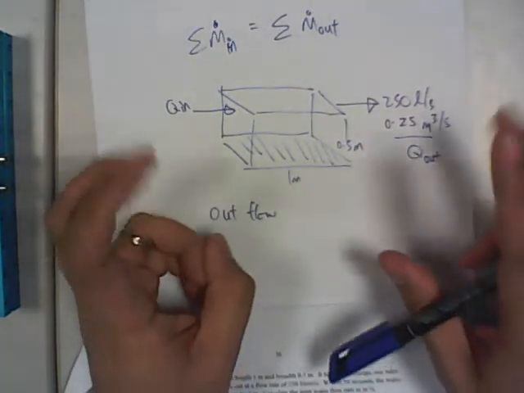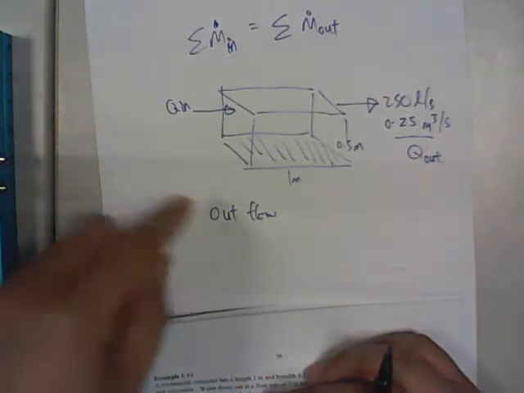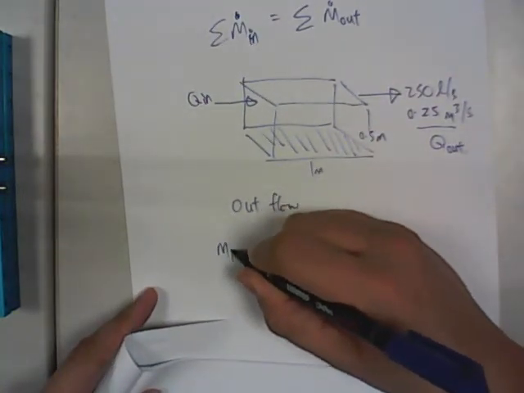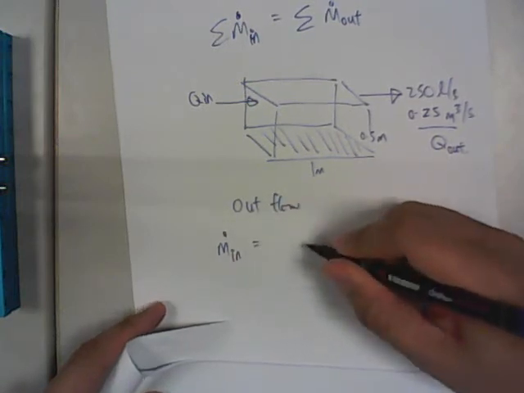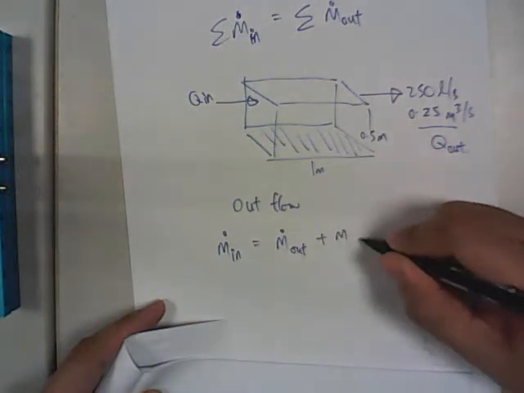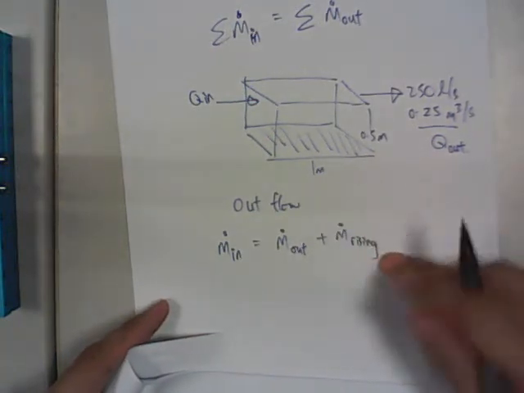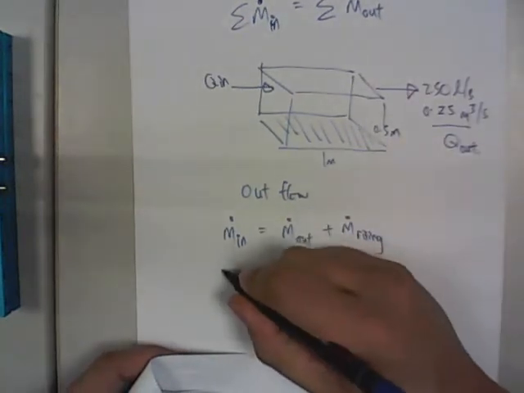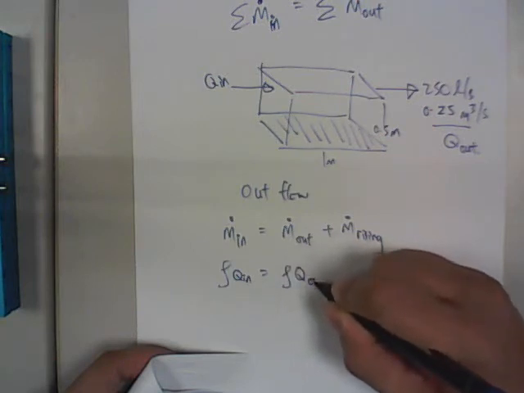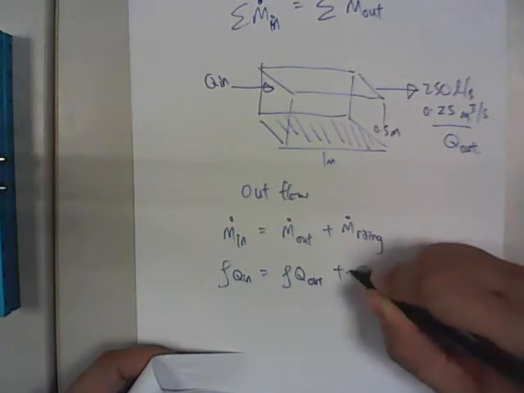The second channel going out is the rising of the water level. So we can say M dot in equals M dot out plus maybe M dot rising. This is another form of outlet. So you get Q in equals Q out plus Q rising.